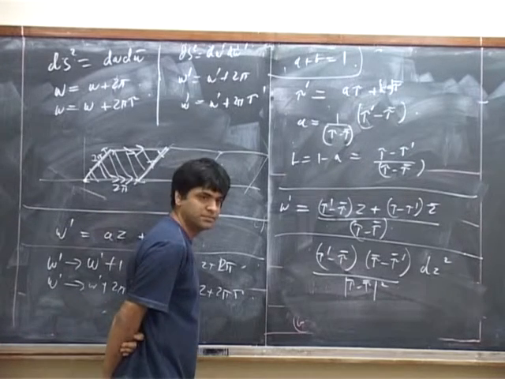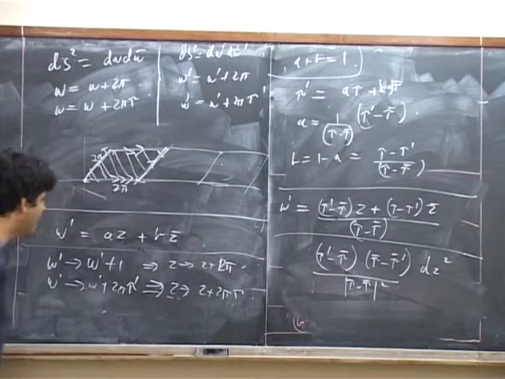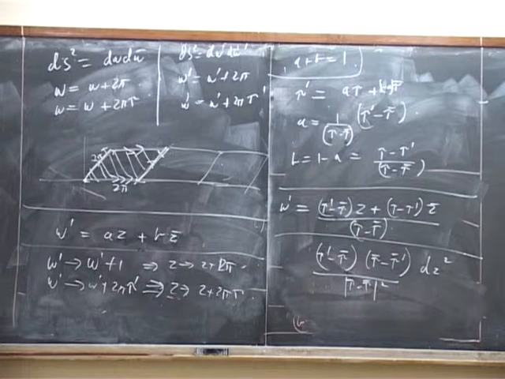And there would be a similar term, the complex conjugate of this, which would be dz bar squared.